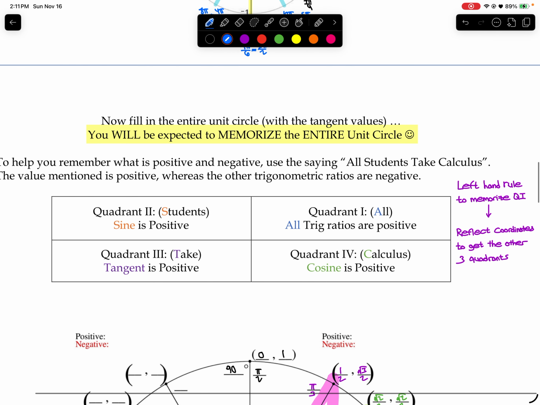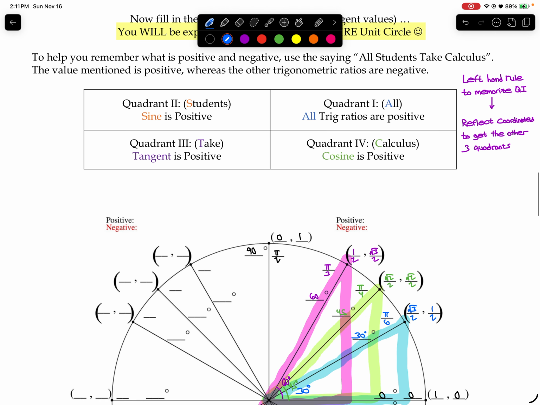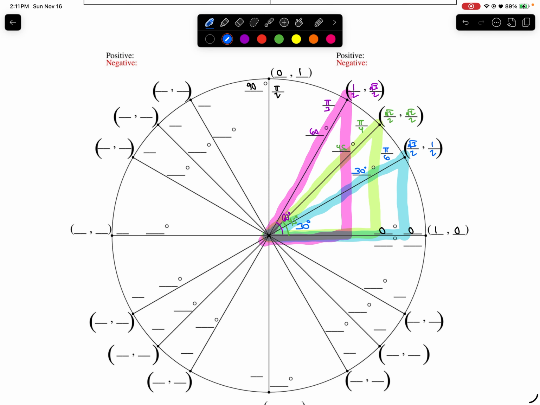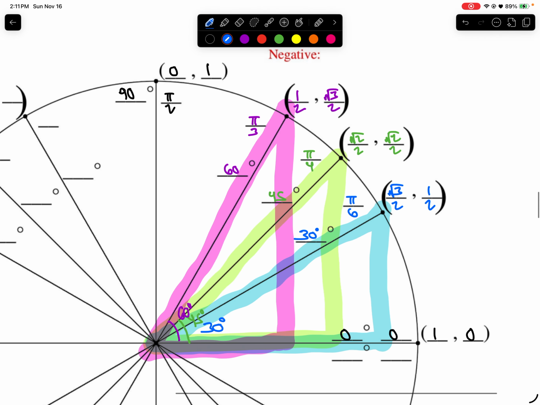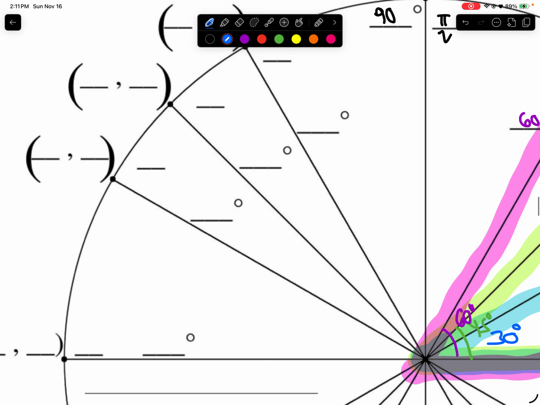So now with that, we're going to fill in the unit circle. So we already did the first quadrant with the positive x-axis, the positive y-axis, and all these values over here. So what I'm going to do next is fill in all the degrees.